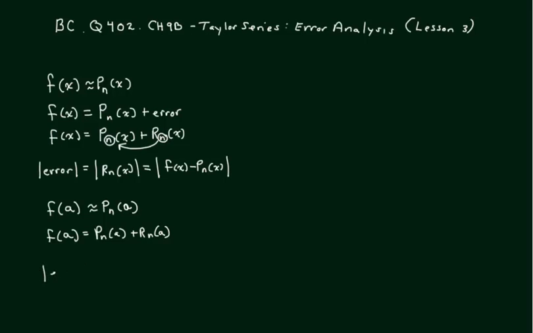And once again, we talk about error in magnitude, which is equal to Rn at some value a, which then equals f of a minus the polynomial at a. Okay, we are ready to look at some examples in the notes.